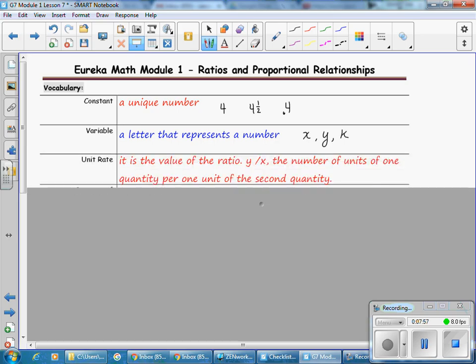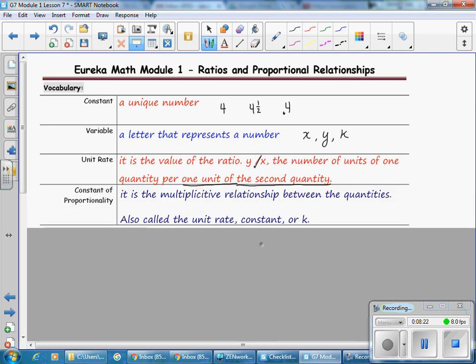A unit rate is the value of the ratio. So when you divide y by x, it gives you one number, and that is the value of the ratio, that is the unit rate. It's the number of units of one quantity per 1 unit of the second quantity, such as miles per hour or words per minute.